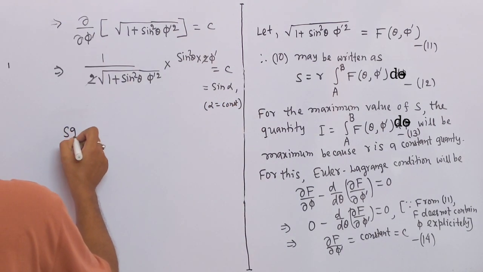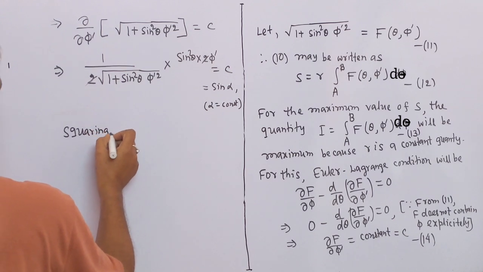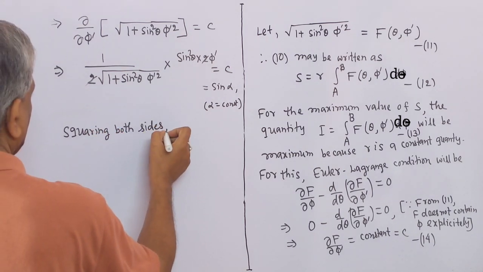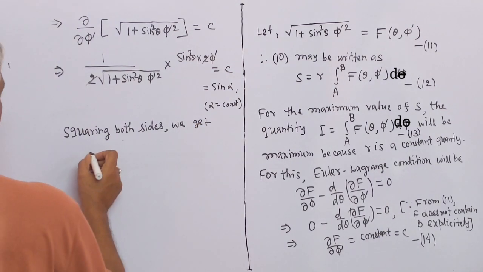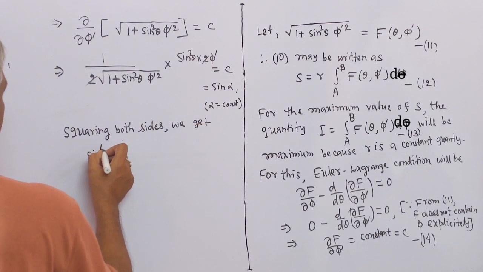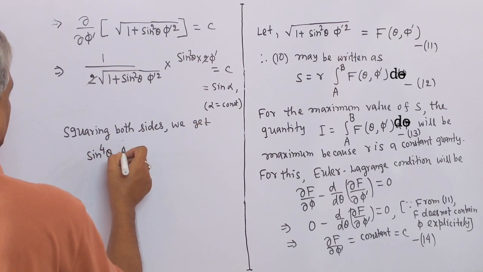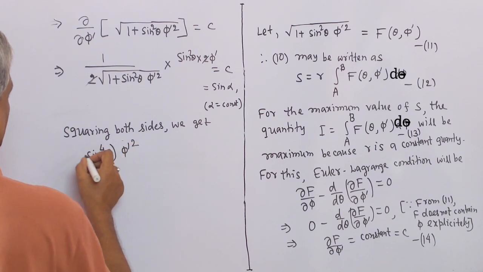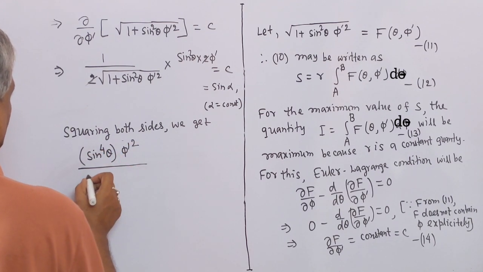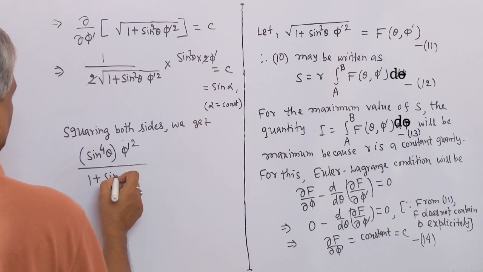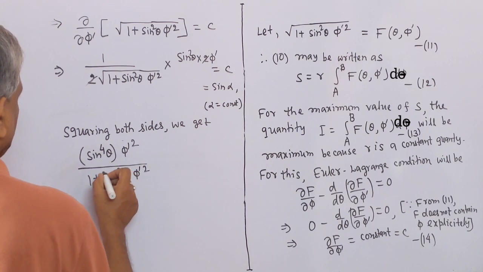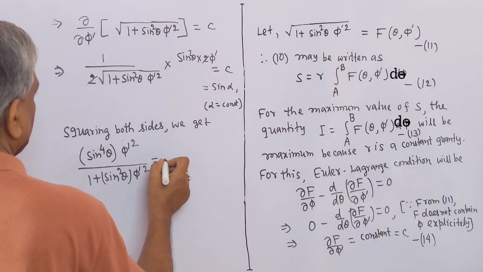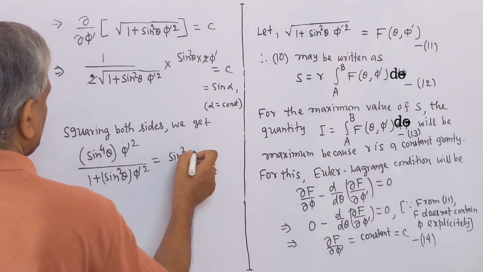Squaring both sides, we get sin to the power 4 theta phi prime square by 1 plus sin square theta phi prime square equal to sin square alpha.